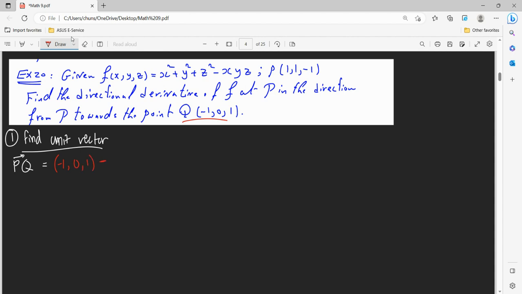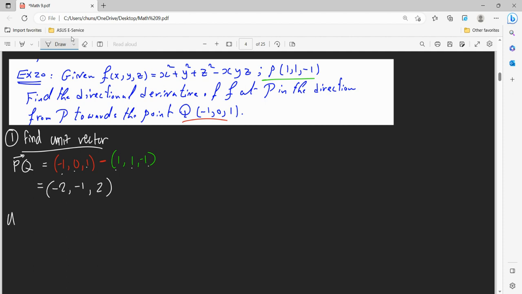And this is minus our point P, which I'm going to highlight in green, which is 1, 1, negative 1. So we would do this one and that one. So this is negative 1 minus 1, negative 2. This is 0 minus 1, so this is negative 1. And this is 1 plus 1, so this is 2.